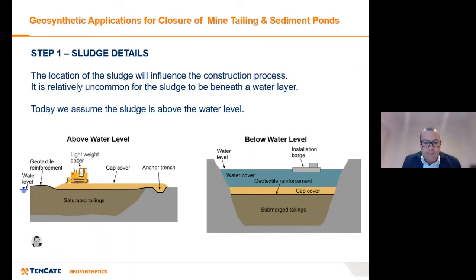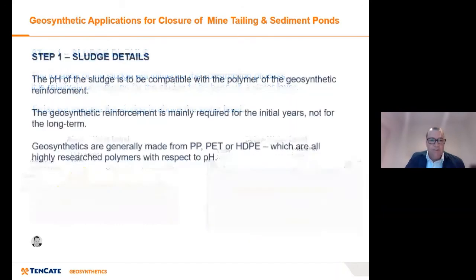They're very, very different construction modes, and they bring different challenges. So for the purpose of today, in keeping it simple, we'll assume the most common solution or application, which is on the left hand side where the sludge is actually sitting above the water level. And you can see that'll enable us to access the surface far more easily than on the right hand side.